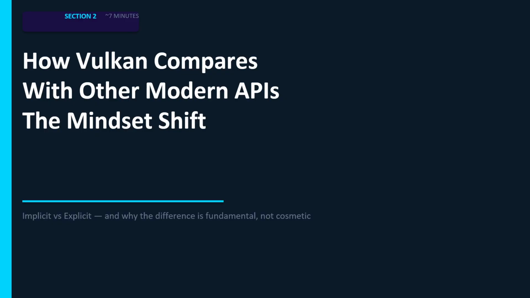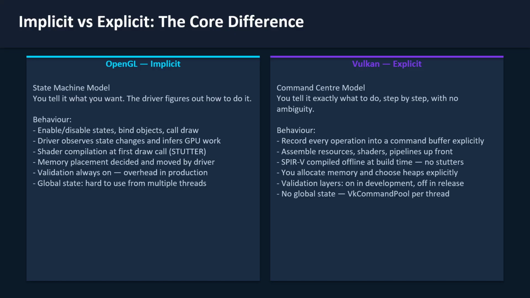Here we will cover how Vulkan is an explicit API. We will compare implicit and explicit APIs and try to understand their differences. What are implicit and explicit APIs and how are they different?